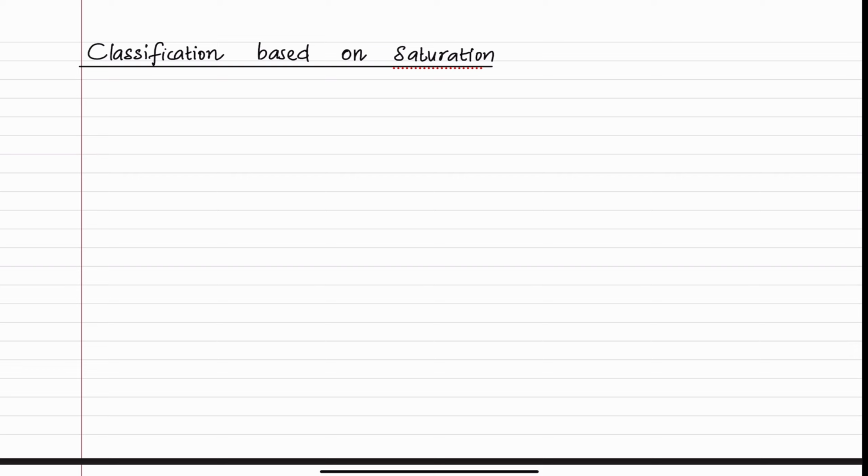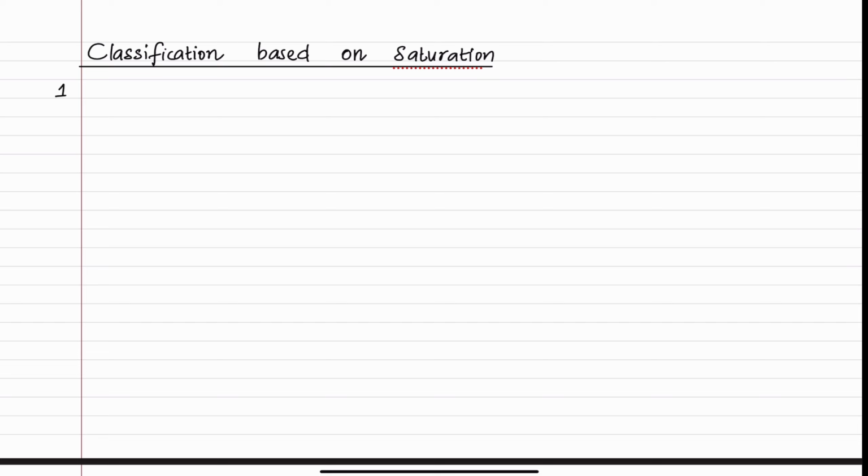So we should all know what saturation is. When a compound is said to be saturated, the compound does not have any double bonds or triple bonds. That's what that means. Similarly, when a compound is said to be unsaturated, it may have double bonds or triple bonds.